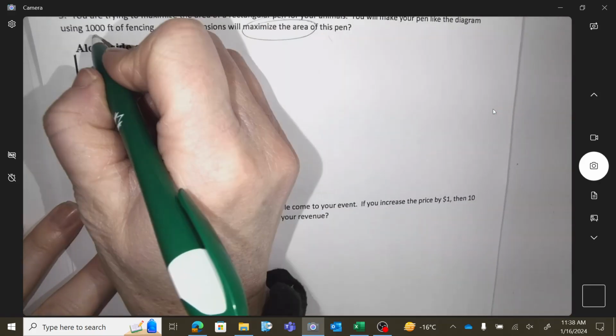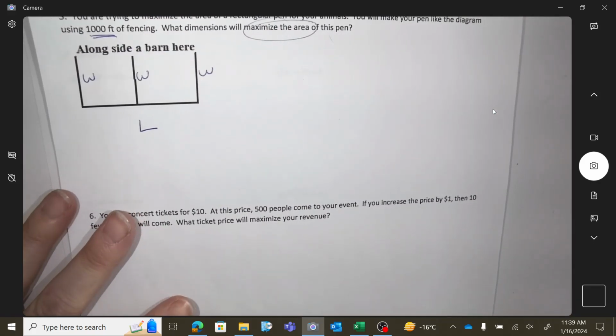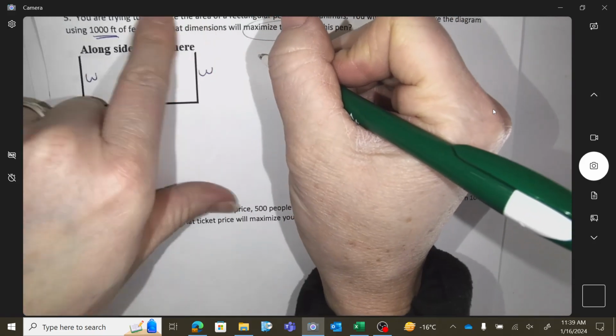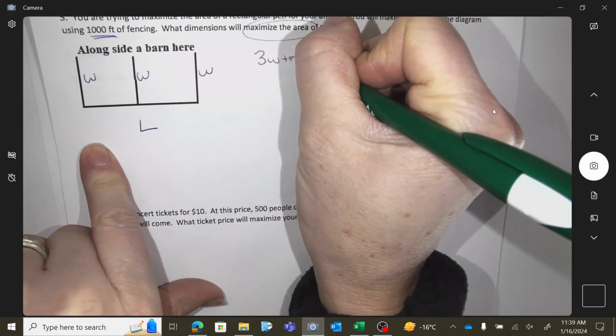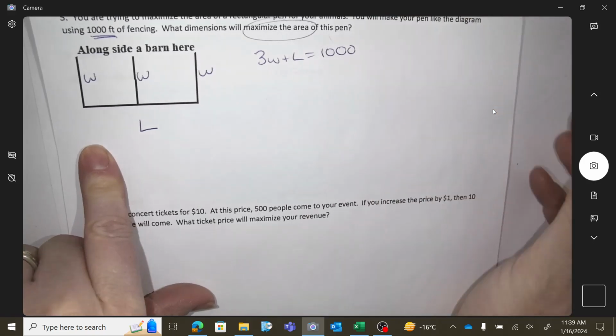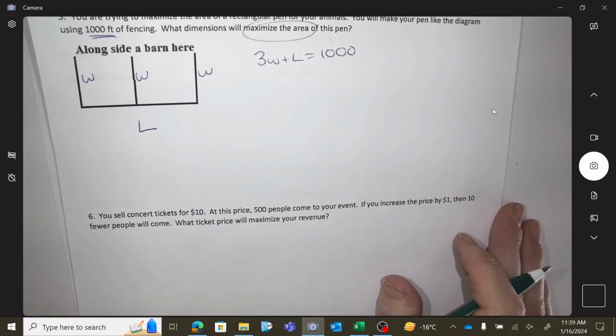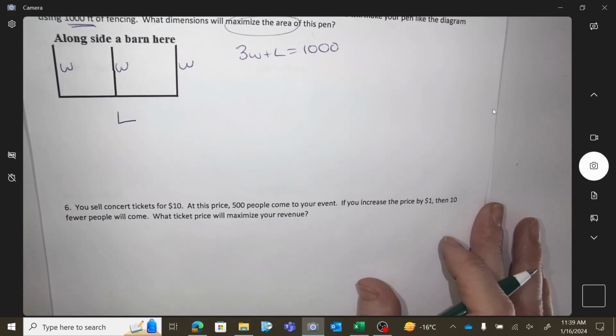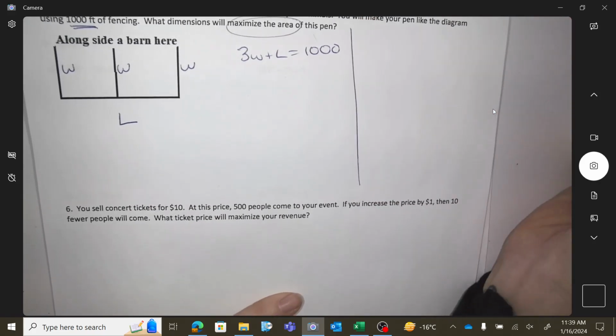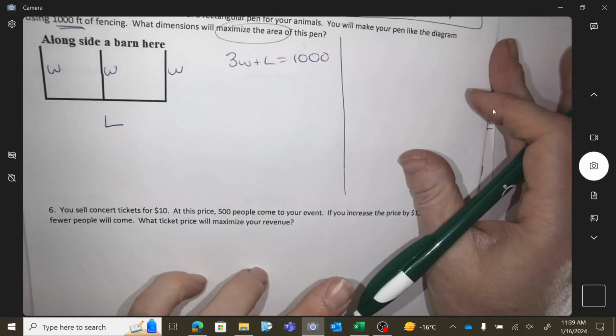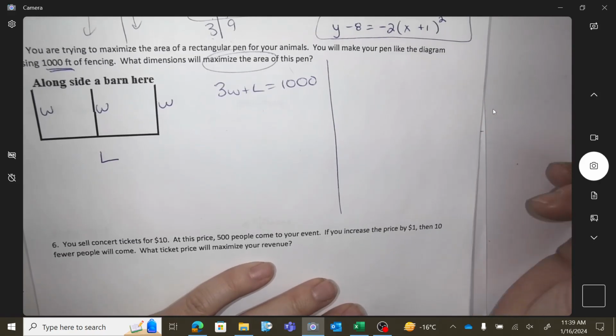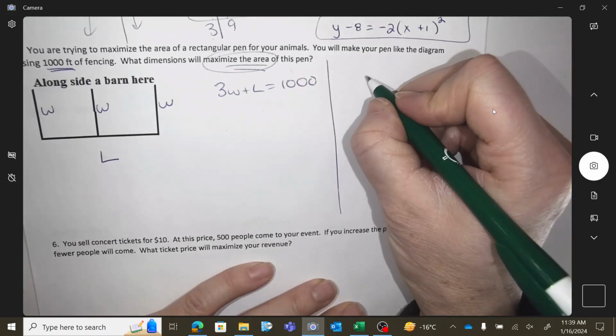Okay, I have a total of 1,000 feet. So all of this would add up to 1,000. That's what I know. If I add up all those pieces of fence, I would have 1,000. And I want to try to maximize the area.